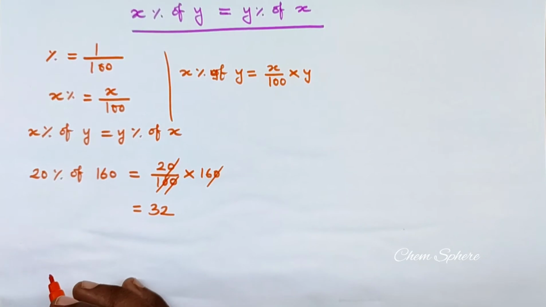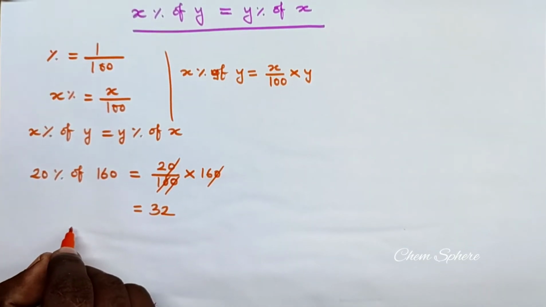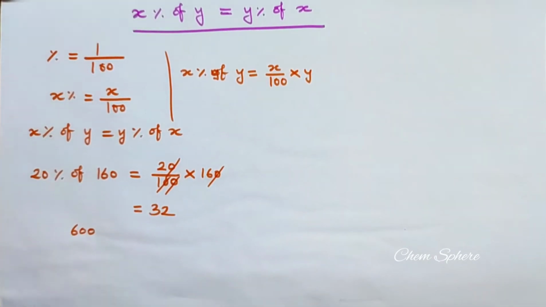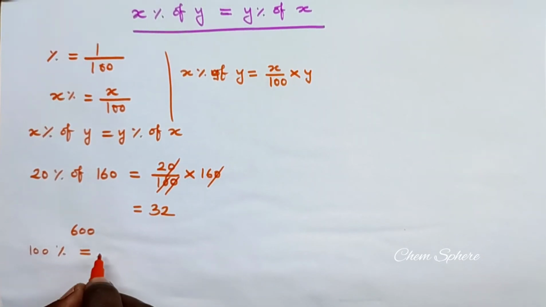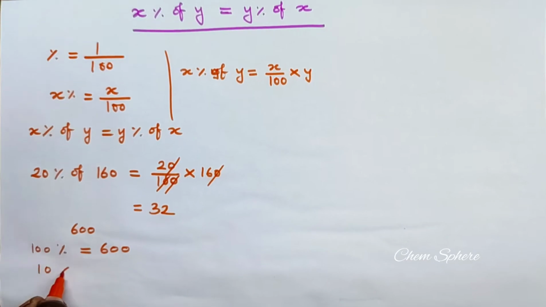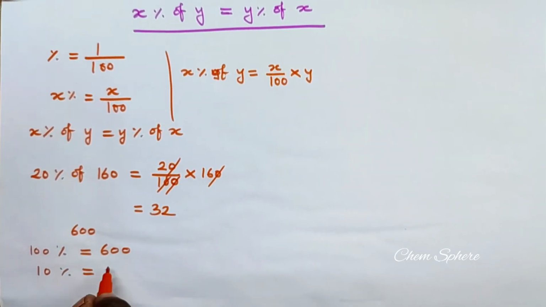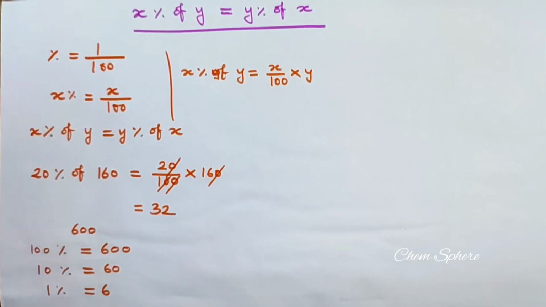Before moving to further examples, I will give you some tips. For example, if you take 600, finding 100 percentage of 600 will be very easy. 100 percentage of 600 will be 600. 10 percentage means we need to move one decimal place, that is 60. 1 percentage means 6.